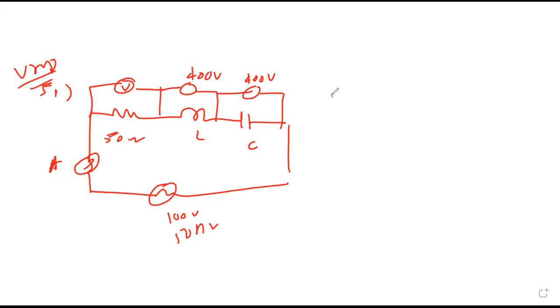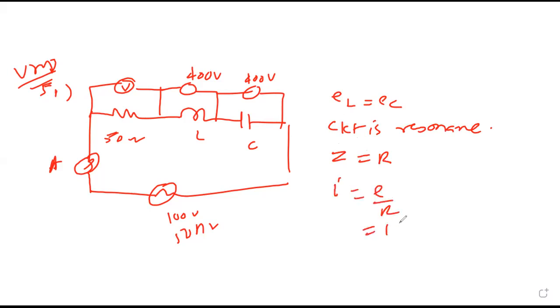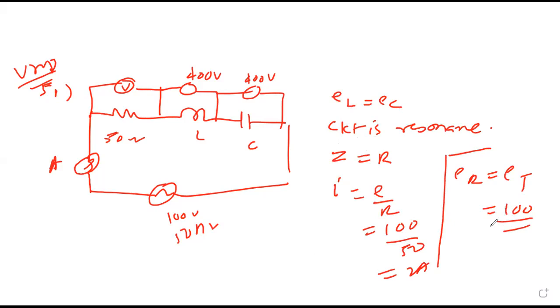Is it a resonance circuit? Voltage across inductor and capacitor. Yes, sir. At resonance Z becomes R, so current I is E by R, that is 100 by 50, 2 ampere. And ER is same as E total, which is 100. So the answer is 2 ampere, B.